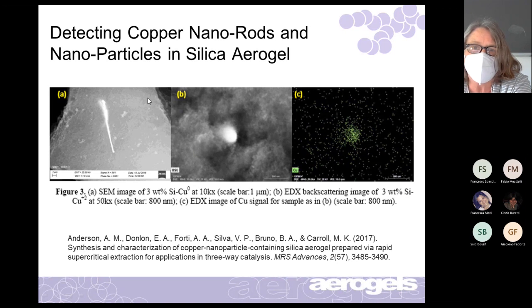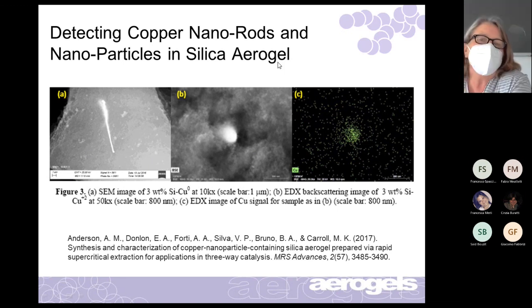This is an SEM image, and the scale bar on that, I think, is 2 micrometers. The scale bar on this one, it's hard to see. This is 800 nanometers. I'll explain these two in a minute. So this scale bar, no, sorry, this is 1 micrometer.